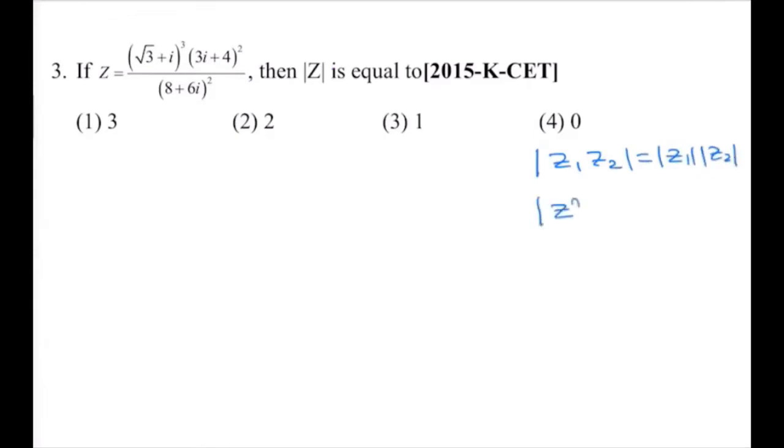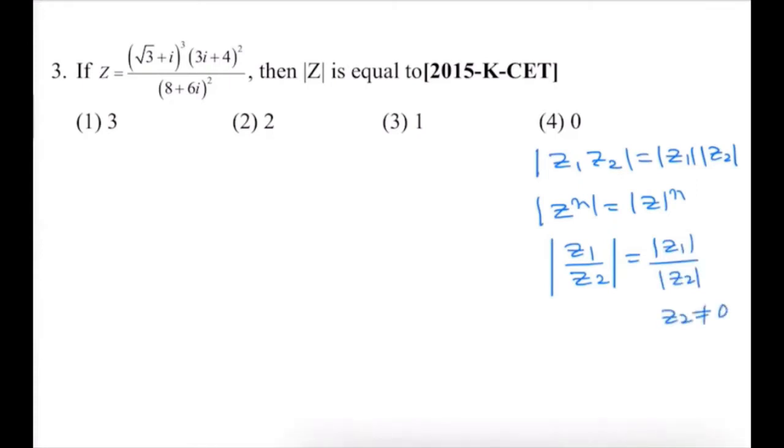And modulus of z power n is mod z whole power n. Also, modulus of the quotient z1 upon z2 is modulus of z1 upon modulus of z2, provided z2 is a non-zero complex number.